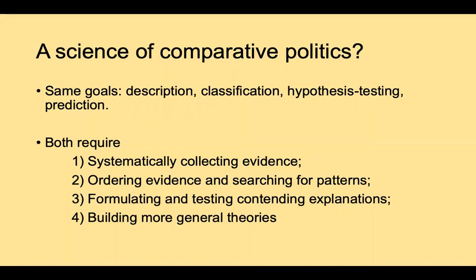And so comparative politics is a science from the point of view of these objectives and the set of steps that we take in carrying out the research process within this area of political science.